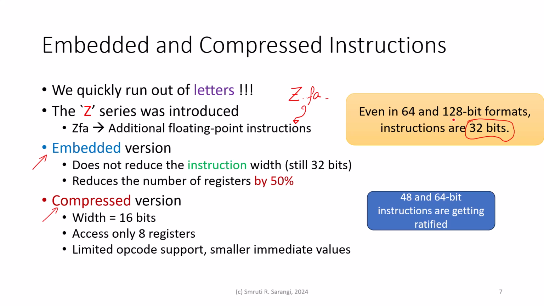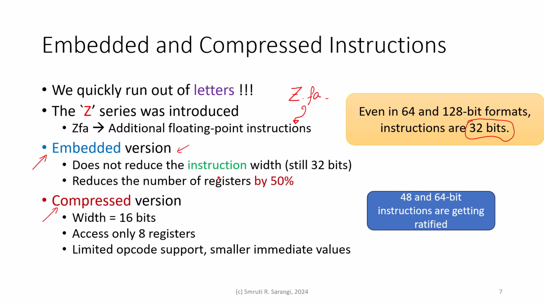But sometimes there is a need to actually have smaller instructions or use fewer instructions in the extension or use fewer registers. This is mainly to reduce power and to also have a smaller implementation of the RISC-V processor. So in this field, two versions stand out: the embedded version, with the mnemonic E, and the compressed one, C.